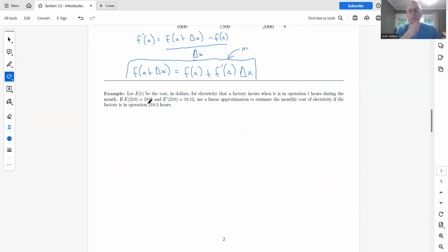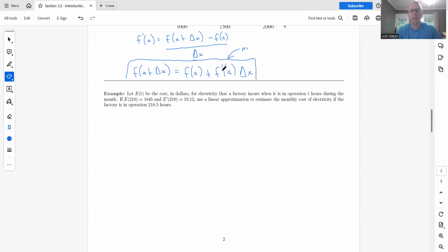So whatever, we don't have the function for the electricity, obviously, and you probably should never assume it's linear. I mean, there's no good reason to assume it's linear. But what we can do is over this distance from 210 to 218.5, we can assume that it's essentially linear.